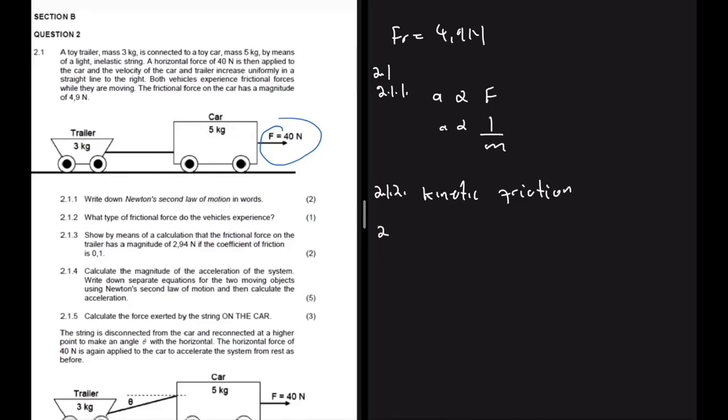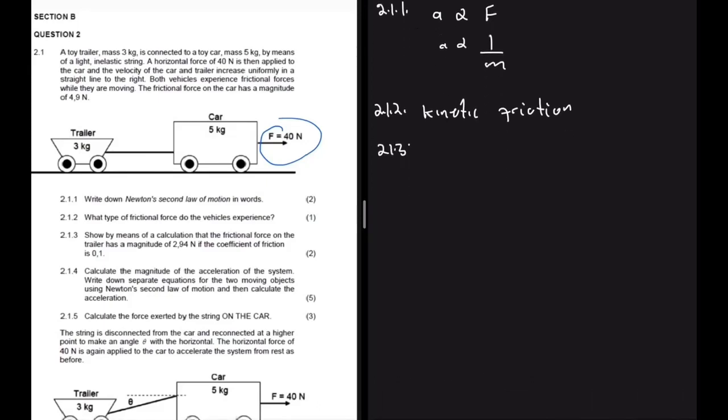And then 2.1.3 says, show by means of a calculation that the frictional force on the trailer has a magnitude of 2.94 Newton if the coefficient of friction is 0.1. So back to the definition. What is friction? Friction is given by the product of the coefficient and the normal force, right?